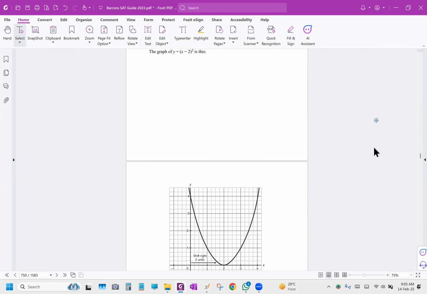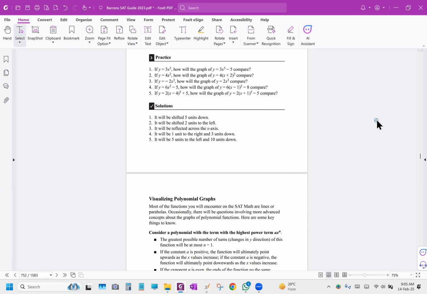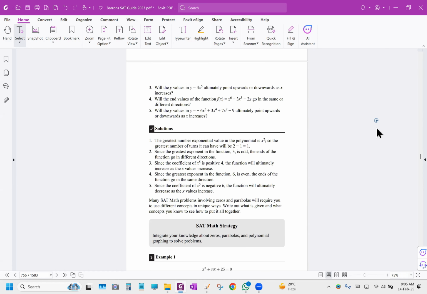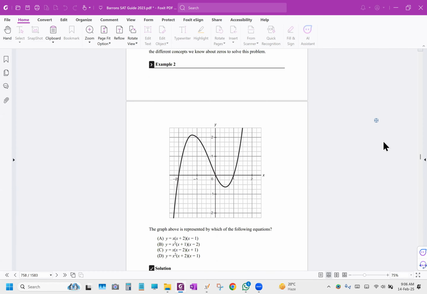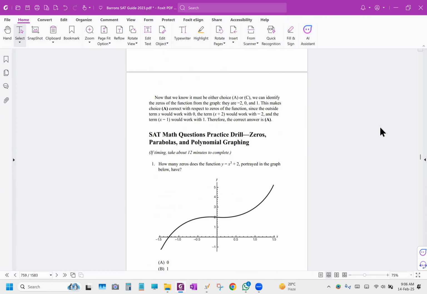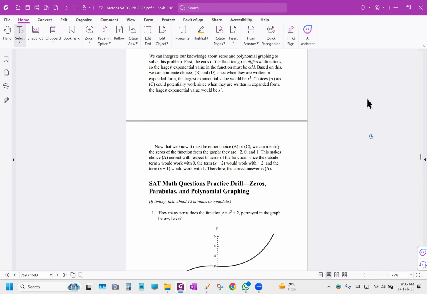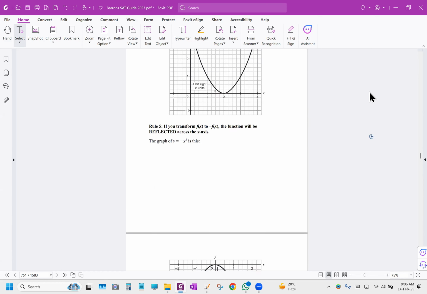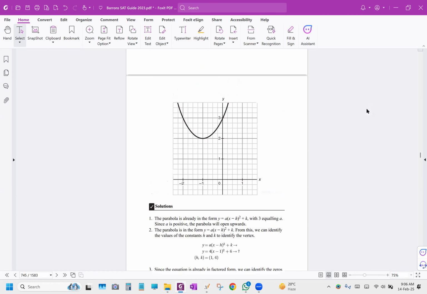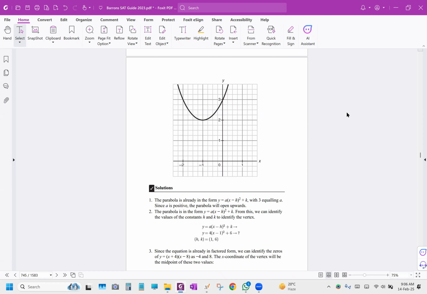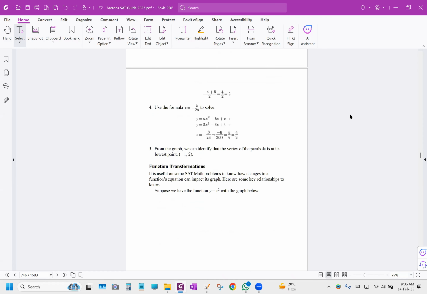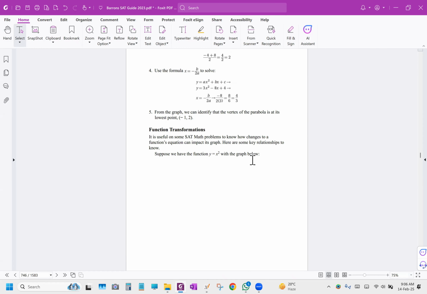Okay, so we have some visualizing problems and then polynomial visualizing. In this case, we're just going to talk about function transformation.